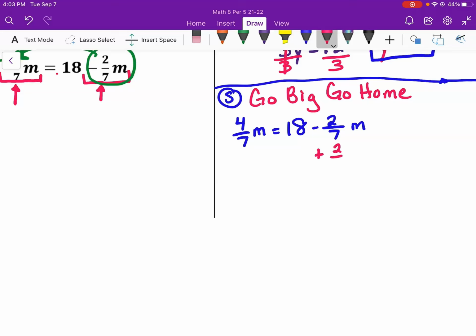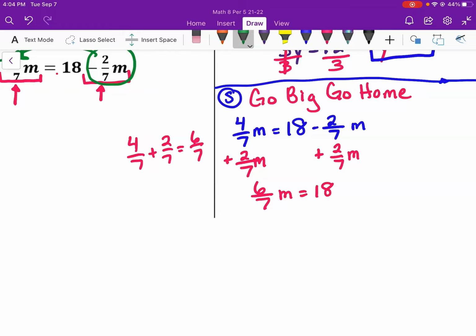To undo minus 2/7, we're going to add 2/7. Okay, when we're adding fractions, 4/7 plus 2/7, so I end up with 6/7. So I have 6/7 m equals 18.